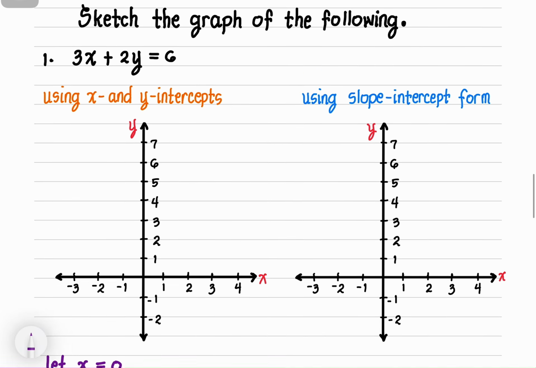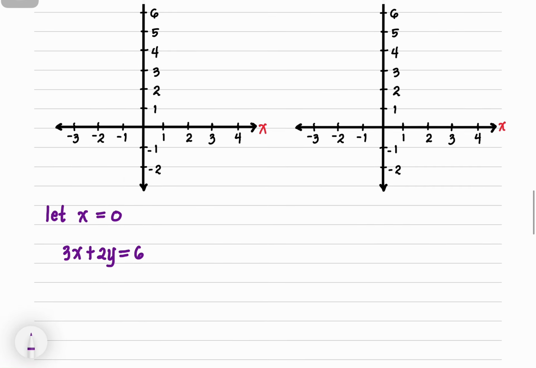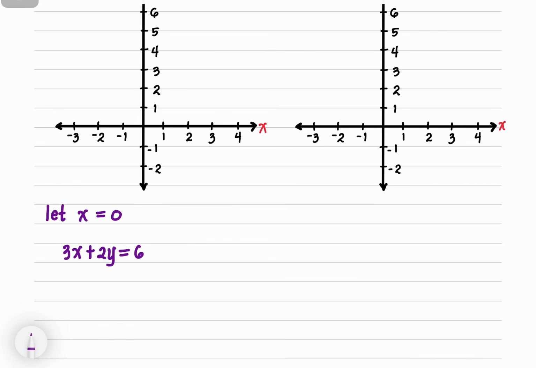So, ang ating equation is 3x plus 2y equals 6. So, copy muna natin yan. 3x plus 2y equals 6. So, ibig sabihin, yung x natin dito na variable, gagawin natin 0.